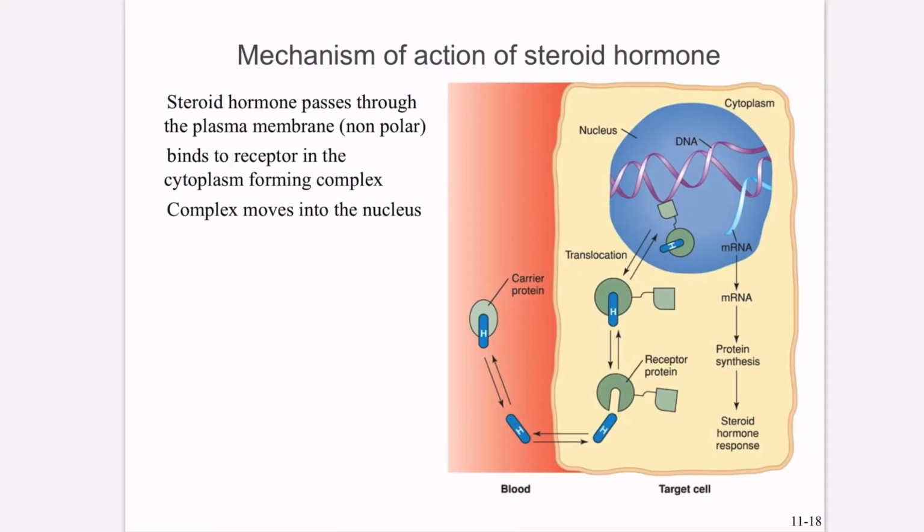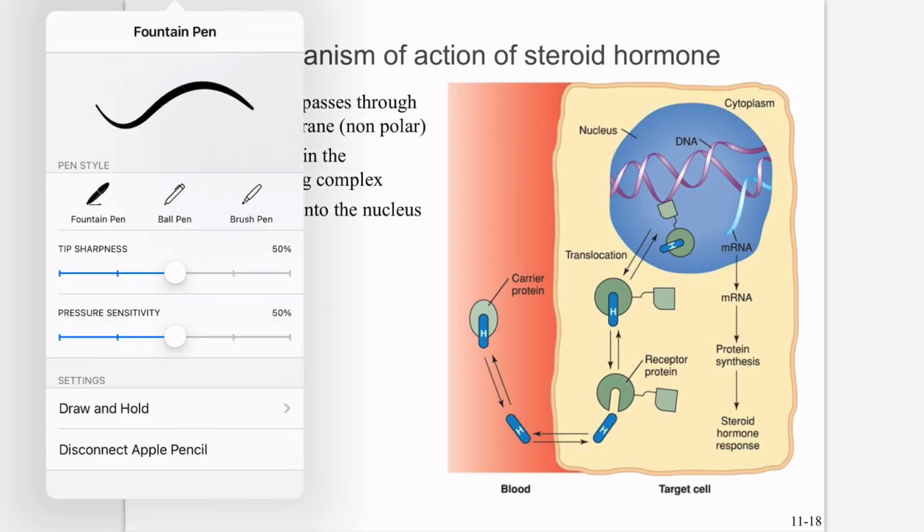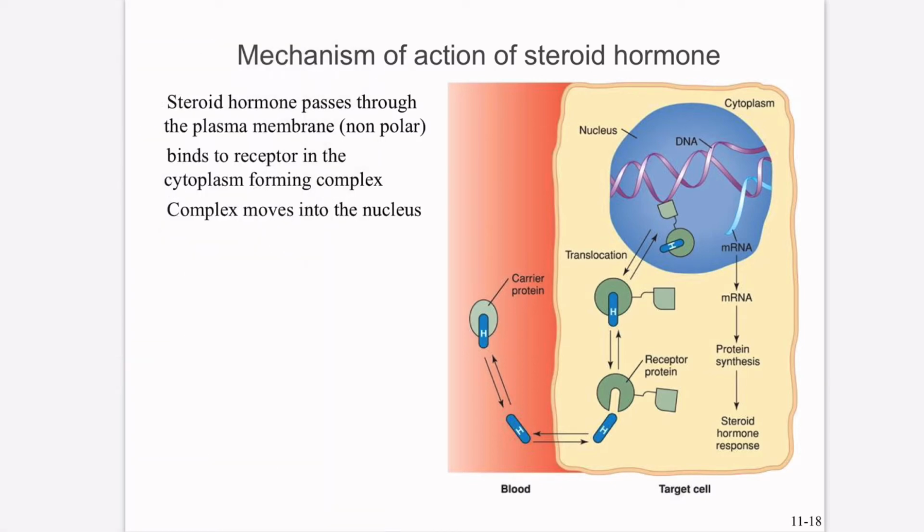So, how hormones act depends on whether they are hydrophobic or hydrophilic, and that is because, as seen in this picture, if they are hydrophobic, like these steroid hormones, they will be linked to a carrier protein and they will have to be removed from that carrier protein to pass through the lipid bilayer.